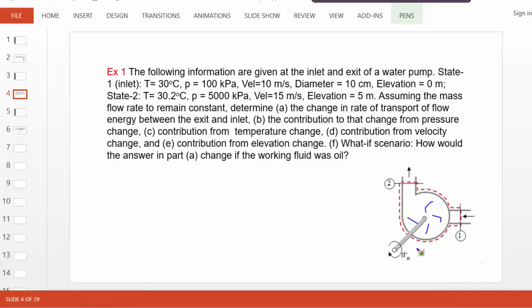So what is given is a lot of information about state 1, inlet state, as you can see, and a lot of information is given about exit state. So what we are going to do, we are going to launch a flow state test app using SL model.